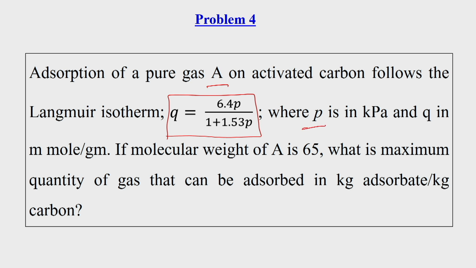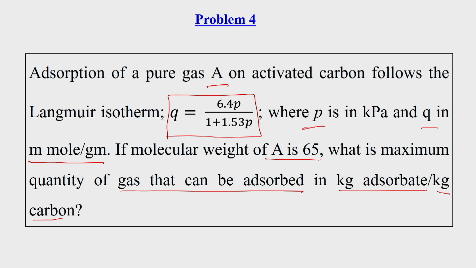For this, P is in kilopascal and Q is in millimole per gram. If the molecular weight of A is 65, what is the maximum quantity of gas that can be adsorbed in kg adsorbate per kg carbon? Like this, millimole per gram, if we multiply this with the molecular weight, we will be getting gram per gram, that will be equal to kg per kg.